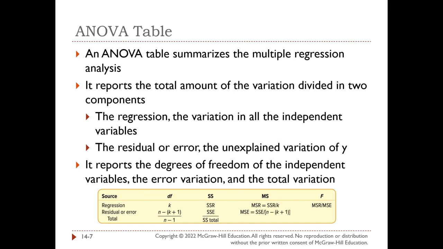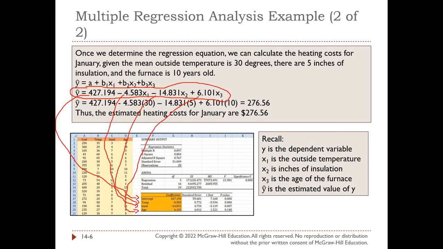It reports the total amount of variation divided in two components: the regression, the variation in all the independent variables, and the residual or error, the unexplained variation of y. We have our formulas right here, how it's calculated. It reports the degrees of freedom of the independent variables, the error variation, and the total variation. So again, that's what all this ANOVA is doing.